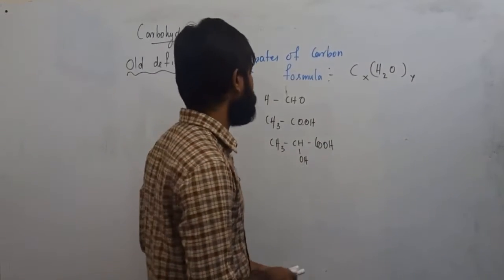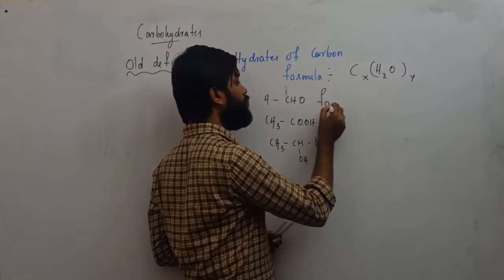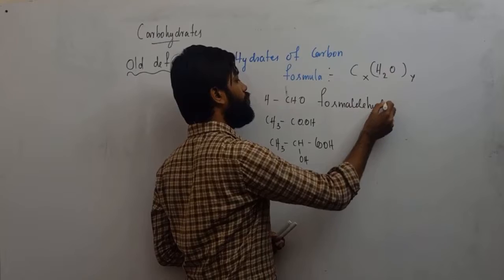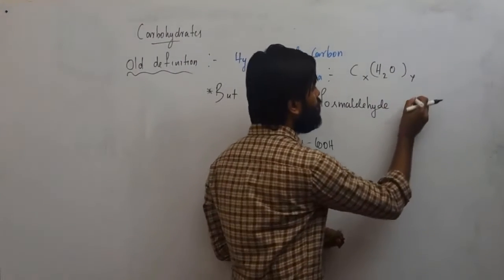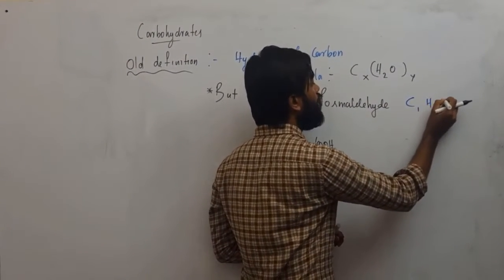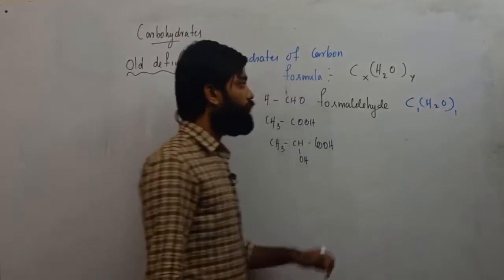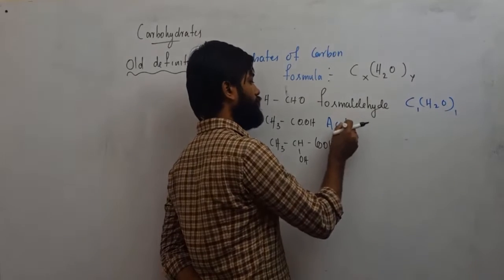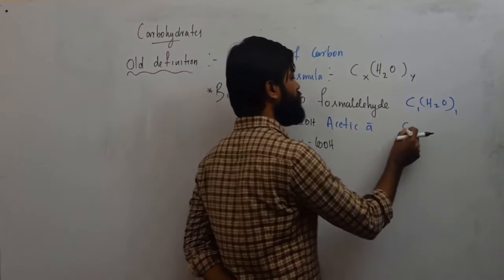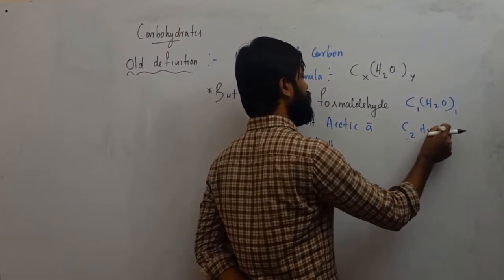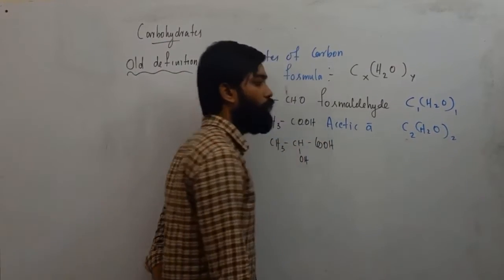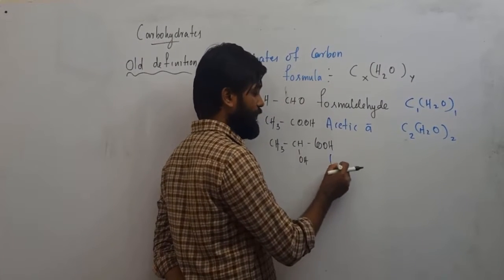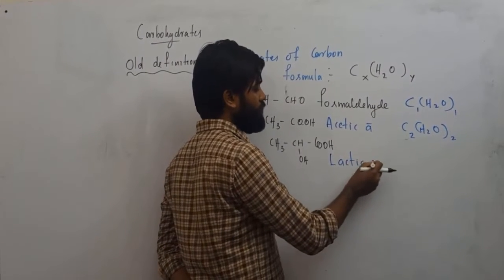What about formaldehyde? Formaldehyde has the formula C1H2O1, which satisfies the formula. What about acetic acid? Acetic acid also satisfies the formula, C2H2O2. The next is lactic acid, sorry, not propanoic acid.